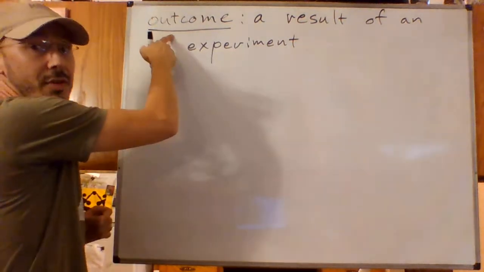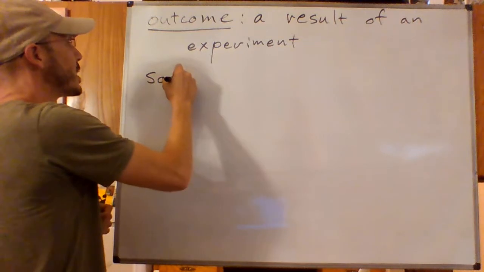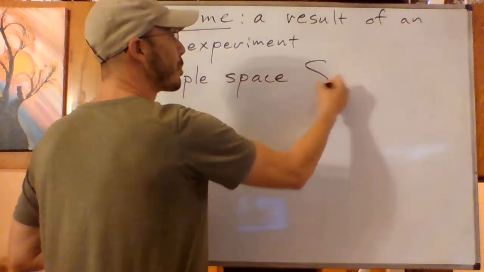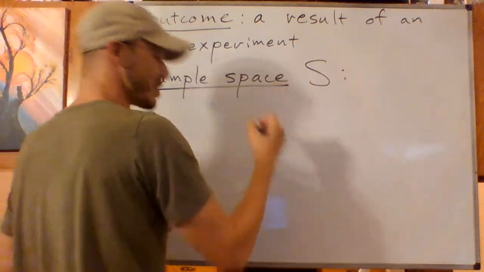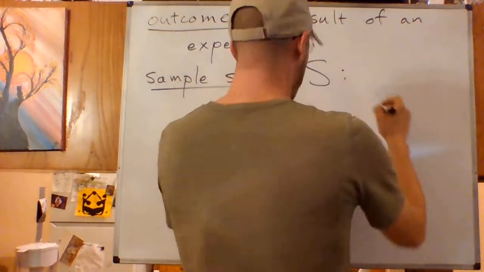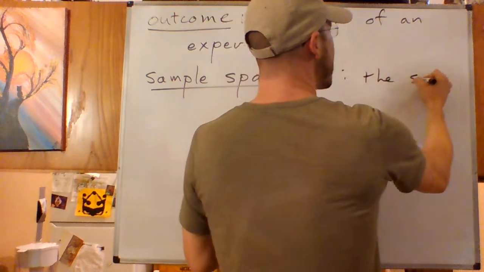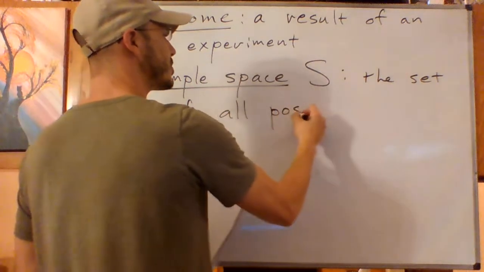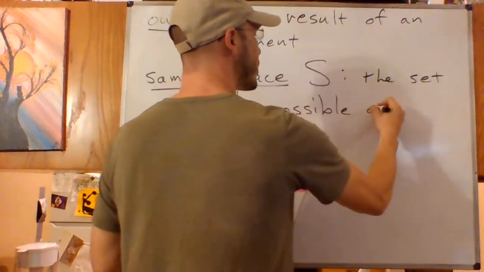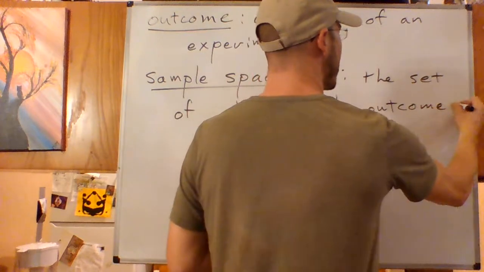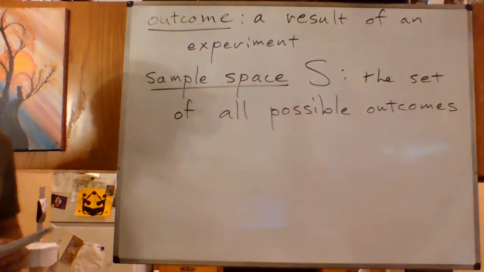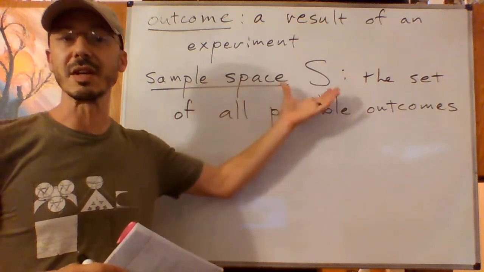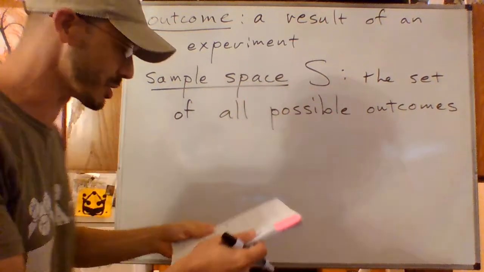But for the outcome, the sample space, capital S, so sample space, is the set of all possible outcomes. So everything that can happen in our experiment, that set of all those different things is denoted by S, the sample space.